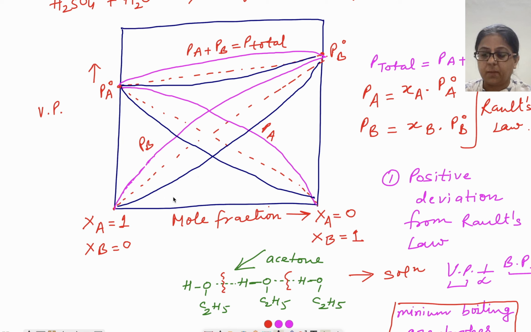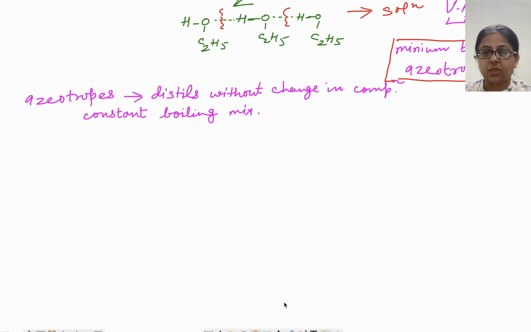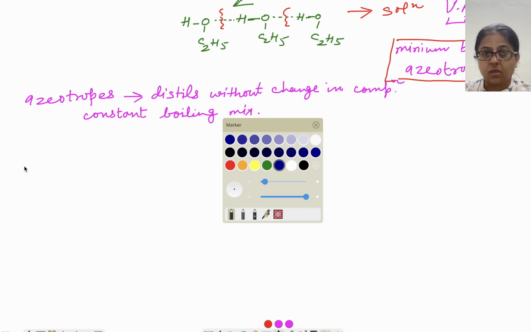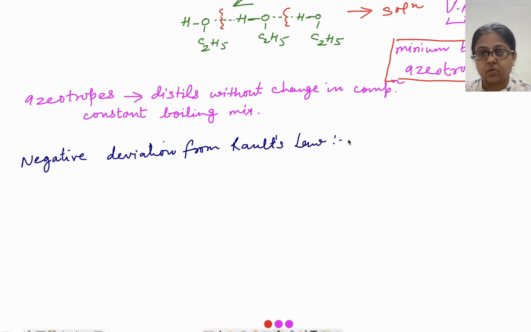So here let us take one example. Which solutions show the negative deviation from Raoult's law behavior? Suppose we are taking the example of chloroform, CHCl3, with acetone.